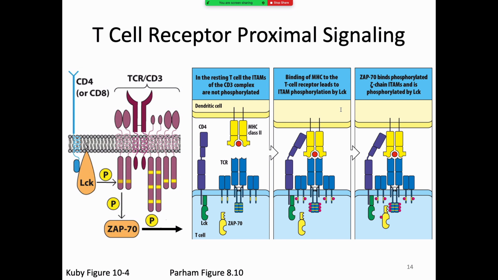We'll just say ZAP70 starts phosphorylating stuff. In reality, this showed that LCK got all of the ITAMs. Really, LCK does some and ZAP70 does some. Don't stress about that. You can just kind of say ZAP70 comes in. Okay? You can also see ZAP70 itself gets phosphorylated.